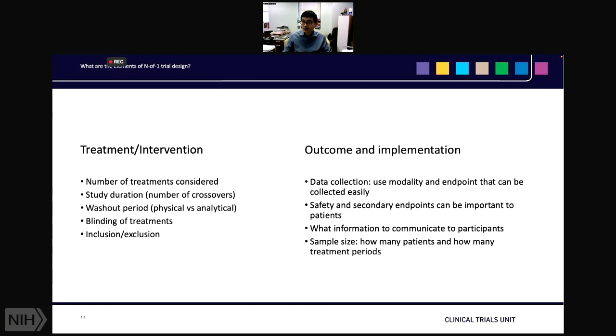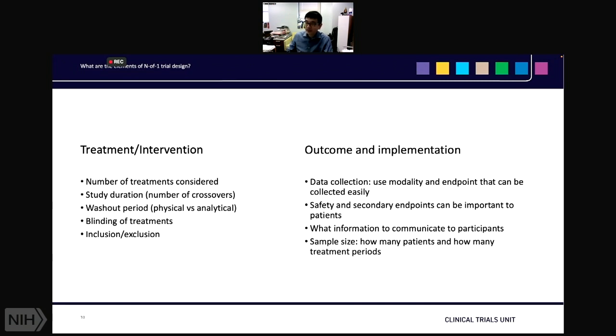A fourth issue that we need to think about is whether blinding is feasible. When we use N-of-1 trials to test drugs, chances are it is feasible, although getting a placebo pill can have some logistical issues. But for some of the behavioral interventions, blinding may not be feasible.